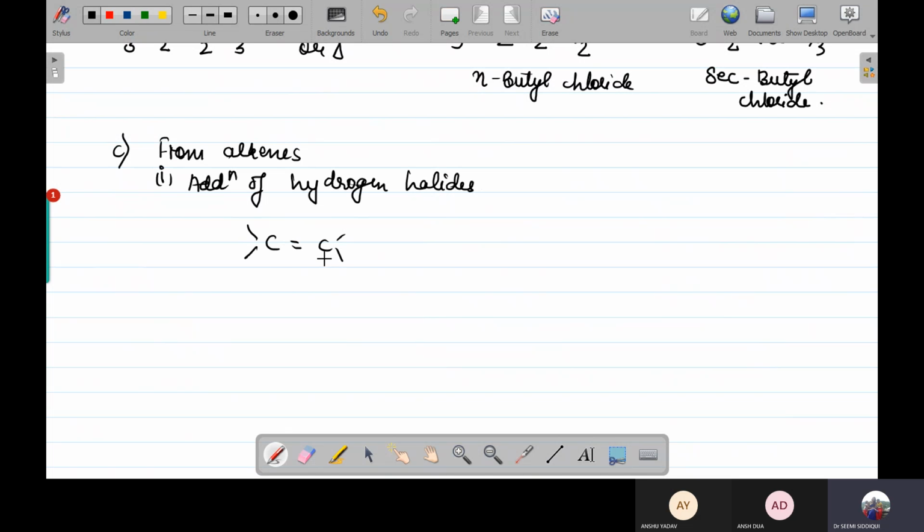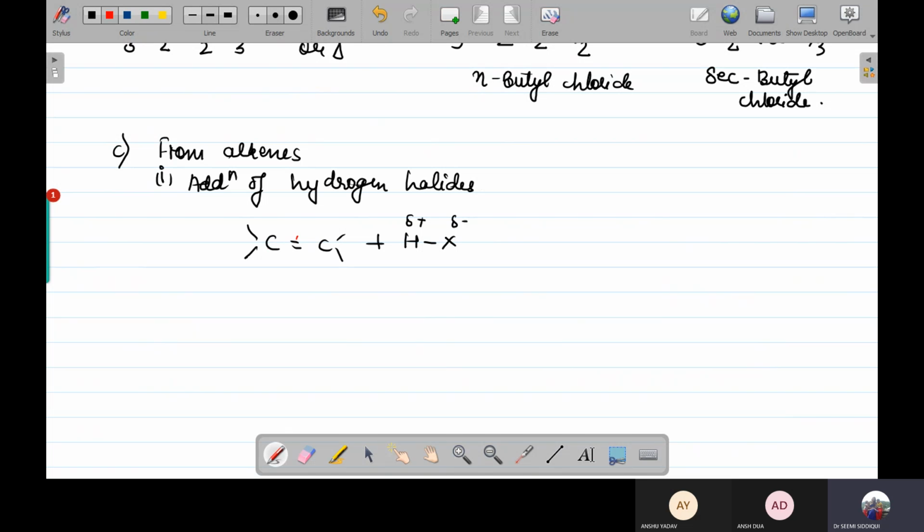Now, when you do the addition of hydrogen halides, what is going to happen? This is our alkene which we have taken. We have taken a hydrogen halide. We know that your halogen has a delta negative charge. Because of its negative charge, this hydrogen will get the delta positive charge. Now, when the shifting of the bond takes place, what is going to happen is that on one of the carbon atoms, electron density is going to increase.